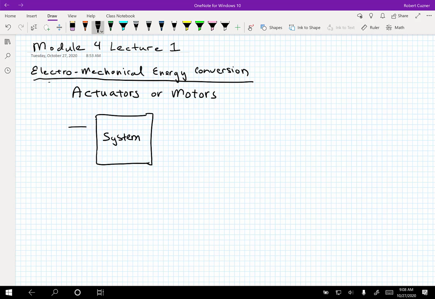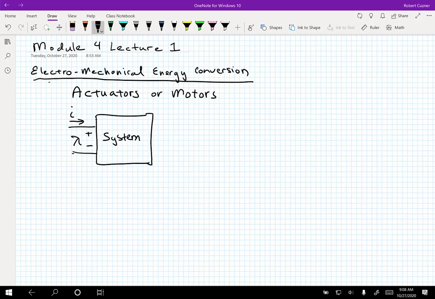And graphically what this looks like is I have a system and I'm putting into that system a current and a flux.